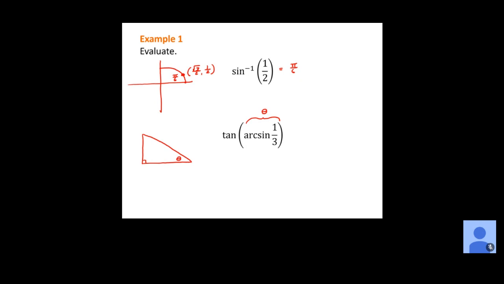Sine gives us the opposite side over the hypotenuse. Well, 1/3 is that sine value that we're looking for the angle for. So that tells us that 1 is going to be our opposite side from our angle, and 3 is going to be our hypotenuse. So that's going to go over here.